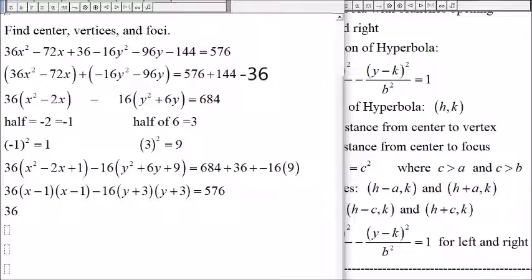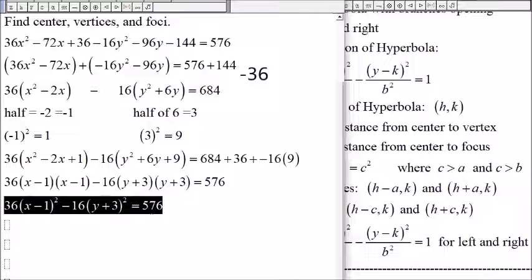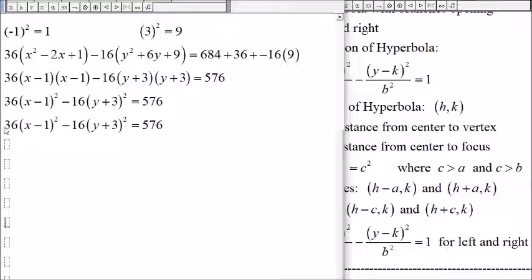And now we have 36 times x minus 1 squared, and then minus 16 times y plus 3 squared equal to 576. And then now divide each term by 576.